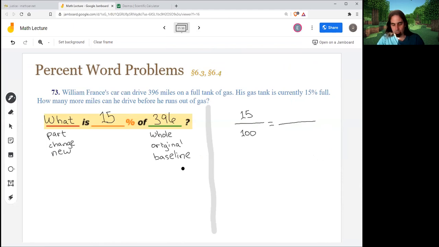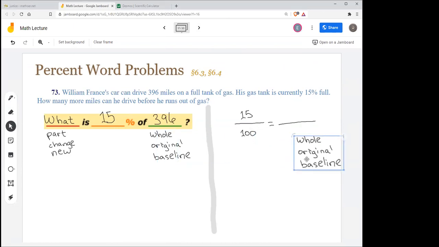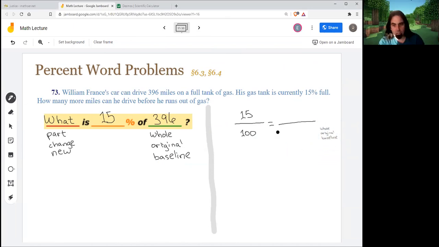Then for this one, what's my whole, original, or baseline? That's the 396. So I'm going to put that here on that side. And what's my part, my change, or my new? That's going to be my what.